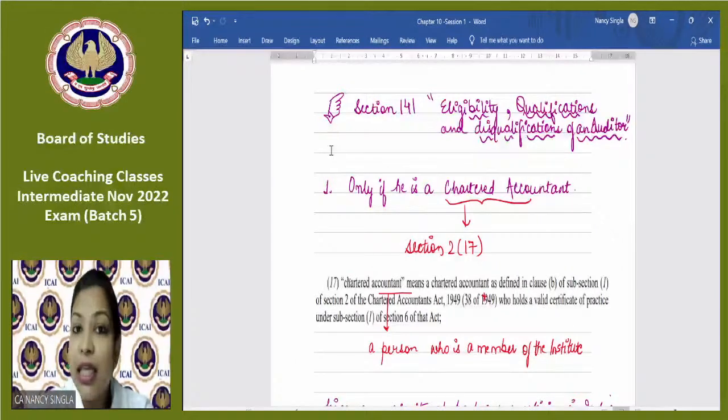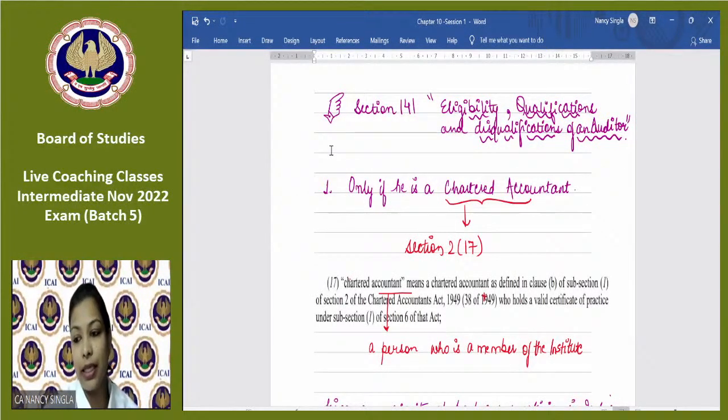But here we are referring to a company, the Companies Act. So whatever discussion takes place in this chapter pertains to a company. Tell me who, according to you, is eligible to be appointed as a statutory auditor of a company.